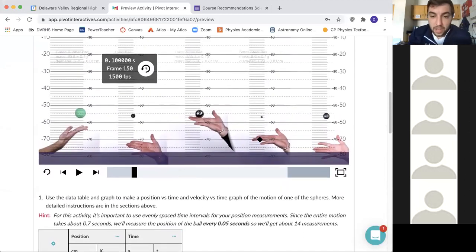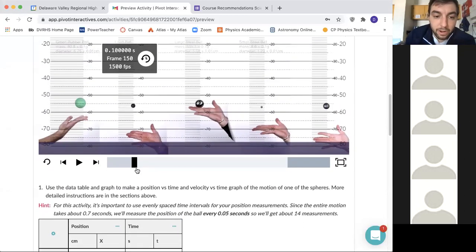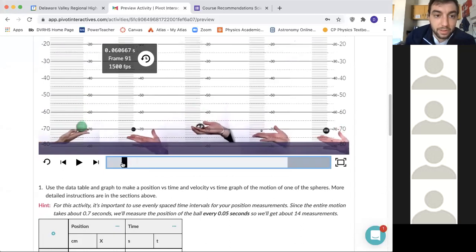So then I would measure my centimeters there. Where did her hand start at that point?